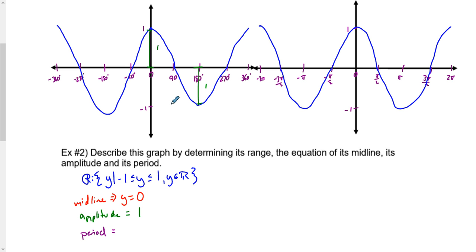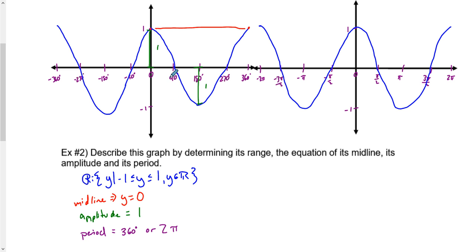Our period is how long it takes to repeat itself. So either we can measure from the middle until it goes back to the middle and repeats itself, or another way that we've done it before is to measure from the top of a crest to the other top of the crest. Well, we can measure that as 360 degrees, or its same equivalent in radians is 2 pi.